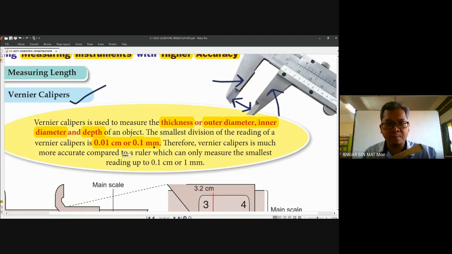But by using a vernier caliper, you can measure the thickness or length up to 0.1 millimeter accuracy, the smallest thickness you can measure. So the vernier caliper is much more accurate than a ruler, because it can measure up to 0.1 millimeter.